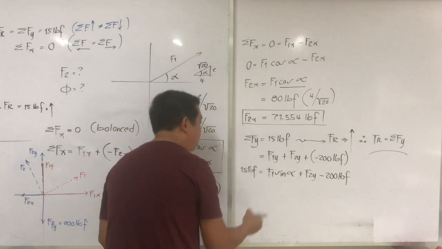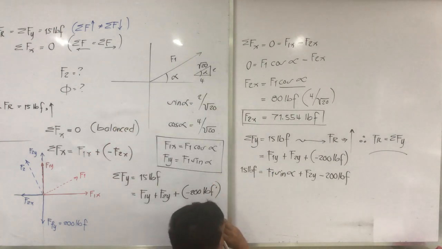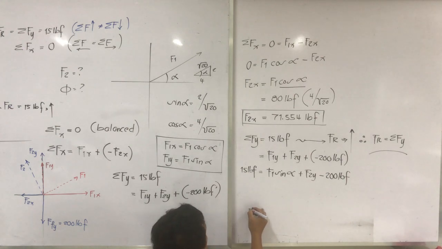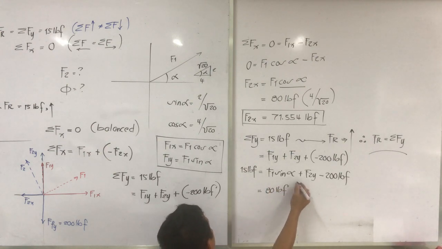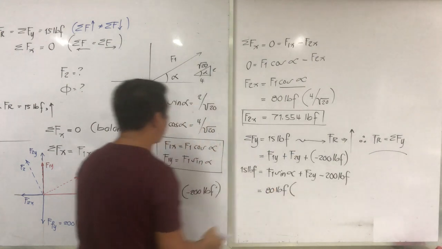Now, arranging the equation, what we will be having is 15 pound force will be equal to F1, which happens to be 80 pound force times yung sine alpha.